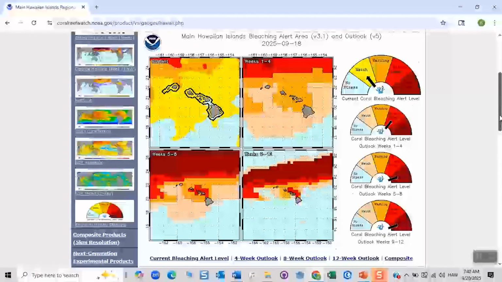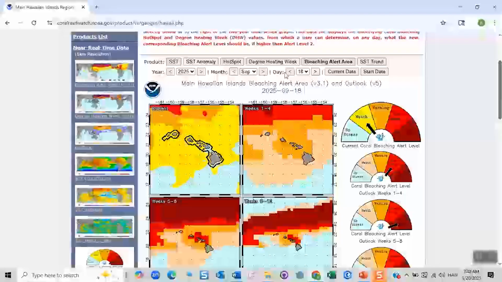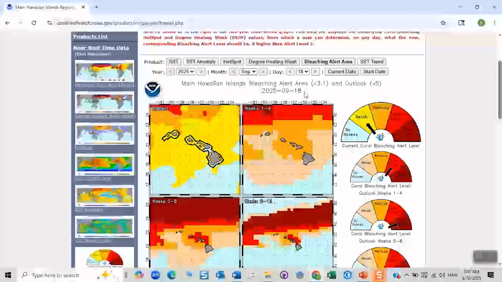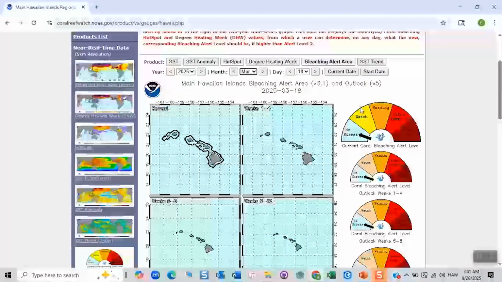If we were to change our date and look at a different time, let's say we went back to March, you can see there's no stress occurring.